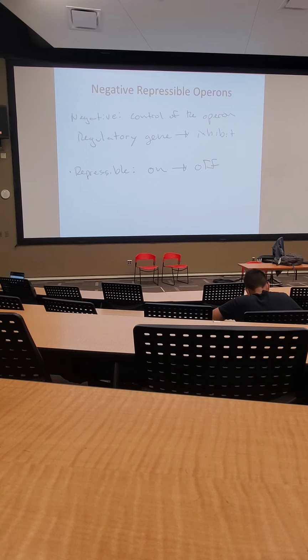And the small molecule here is called a co-repressor. I know these are a lot of terms and a lot of definitions, but I think they're really important. So we should practice using them very specifically to build that habit.